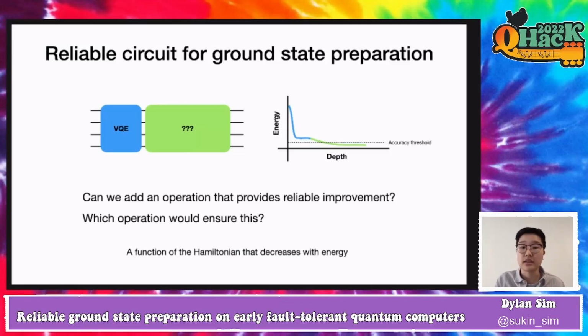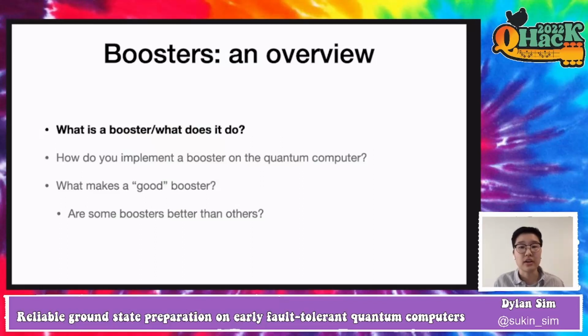I'll explain this a little in a couple of slides, but in this work, we call such a realization of this function a ground state booster. And so for the rest of my talk, I'll be giving you a high-level overview of these ground state boosters. First, what is a booster and what does it do?